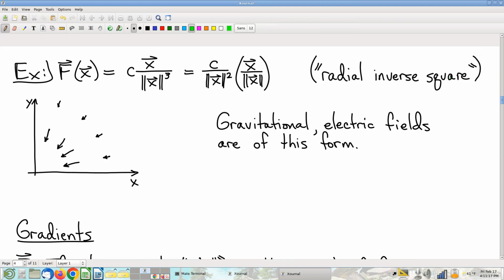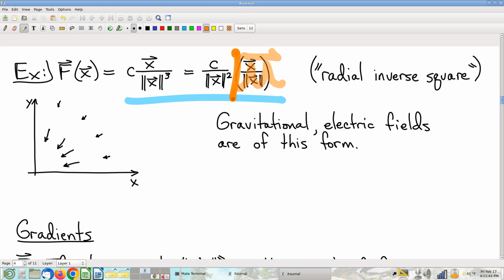Okay. So here's a really important vector field. This is called an inverse square radial vector field. It does not appear to deserve that name. When you look at this formula here, doesn't it look like it should be inverse cube? But the slick move here is to rewrite it like this. What's on the right here I can now view as a unit vector.